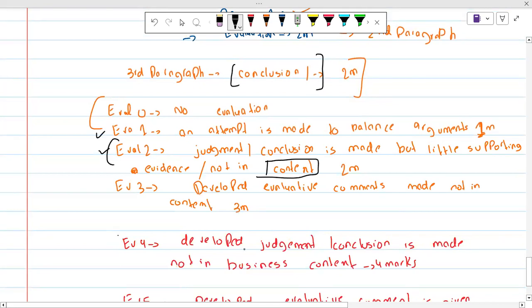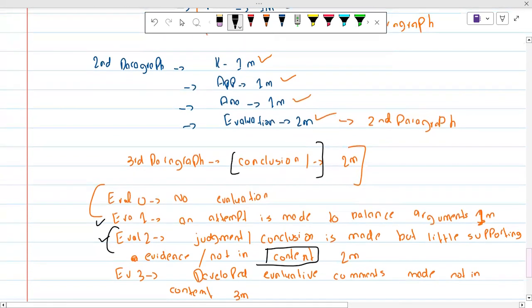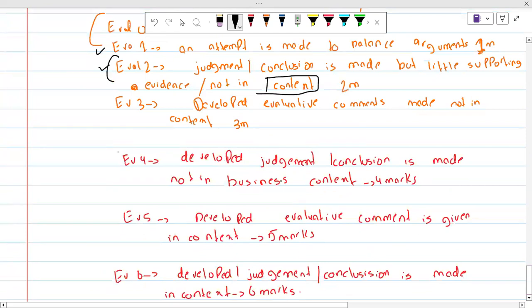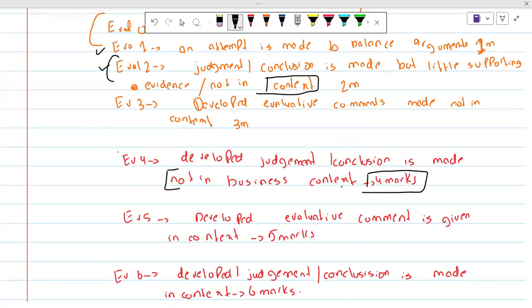And if you write a developed judgment, a conclusion made not in the business context, you will get 4 marks for it. For example, if you developed your evaluation, okay, but you did not develop your application in the business context, what does it mean? You will get only 4 marks for it.